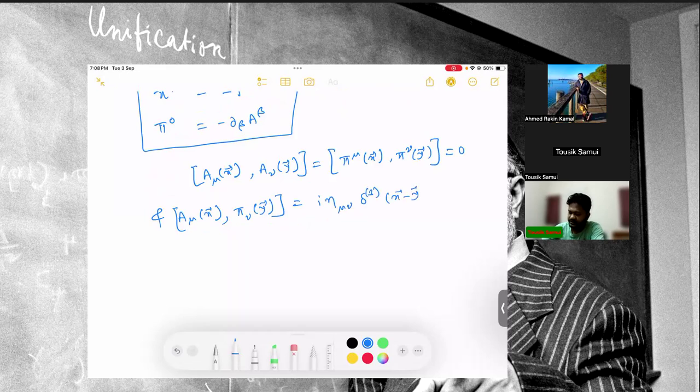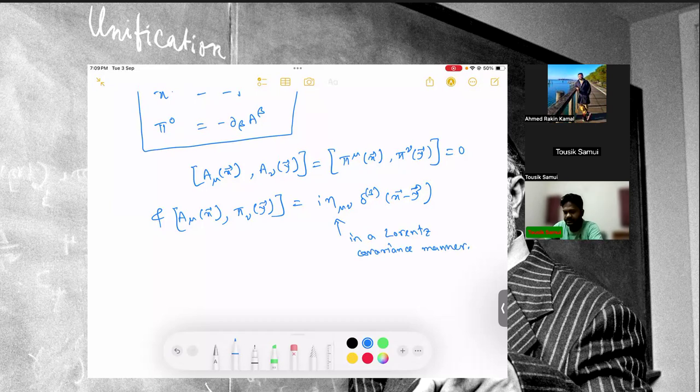So this quantity eta mu nu already says that the commutation relation that we set is in a Lorentz covariant manner. Okay, so this is the Lorentz covariance that we introduce in this set.